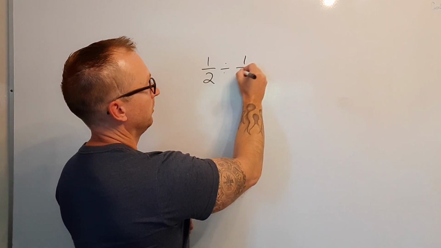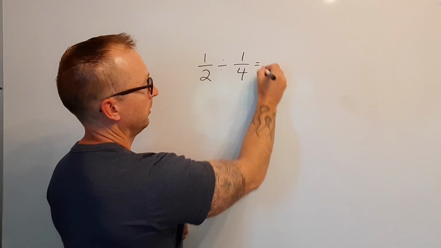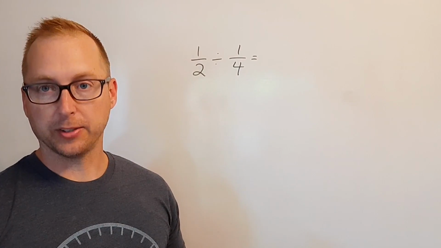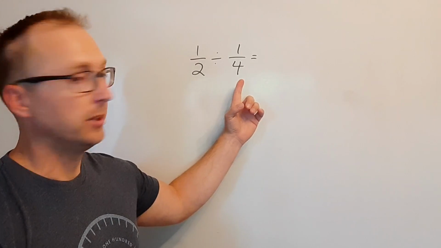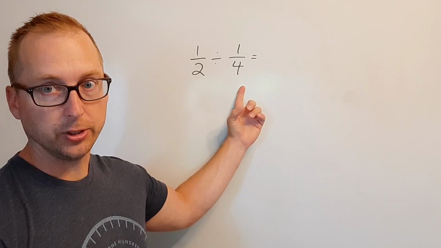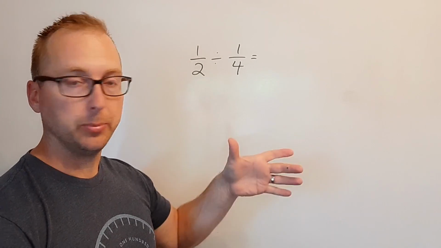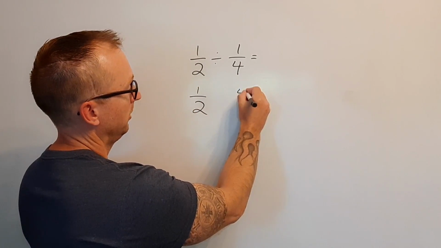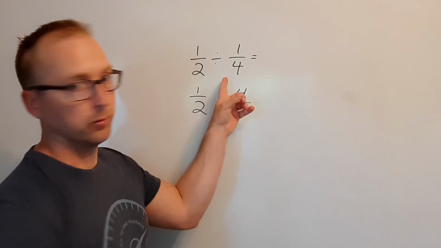divided by 1/4. Now, the rule of mathematics when you divide fractions by fractions is you take the second fraction in your equation and you flip it. So that'll leave you with 1/2 times 4/1.